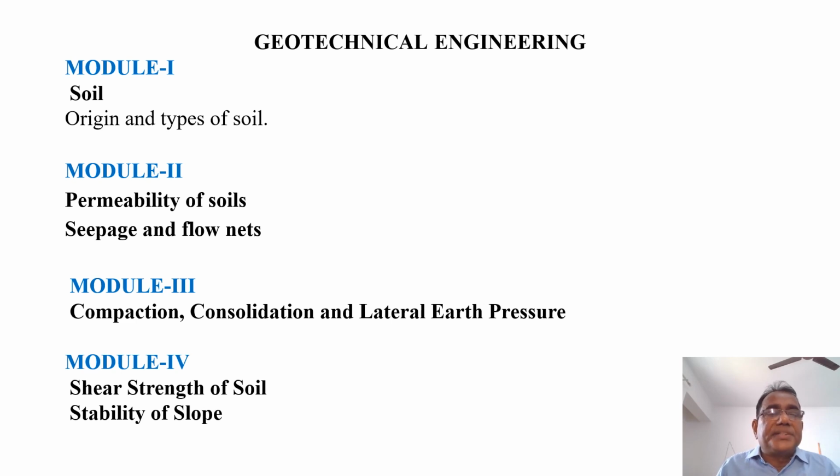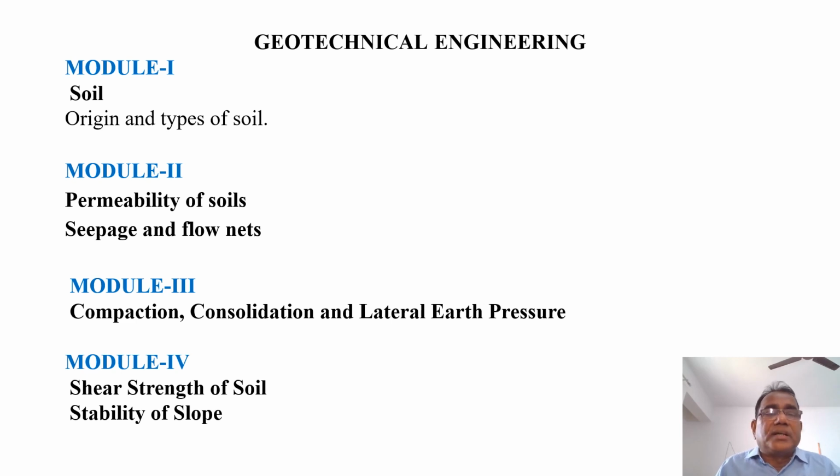The next topic is stability of slopes. In this case, we shall study the different types of slopes, like man-made slopes or natural slopes. Man-made slopes are also called finite slopes, and natural slopes are infinite slopes.